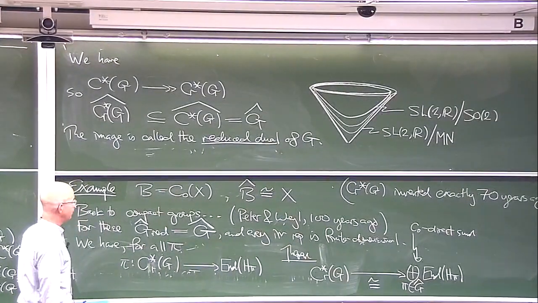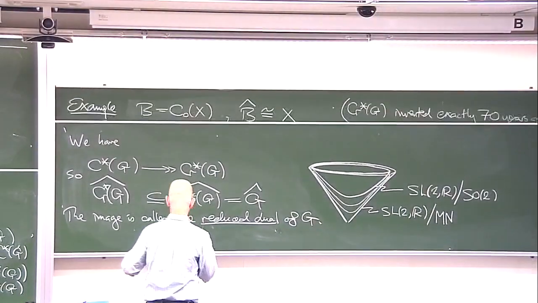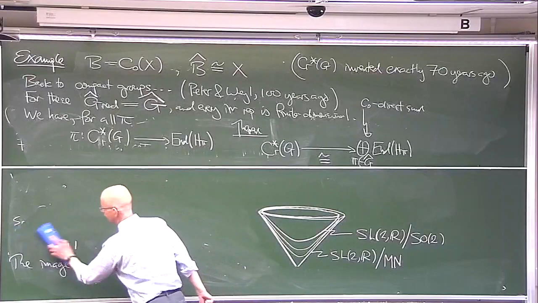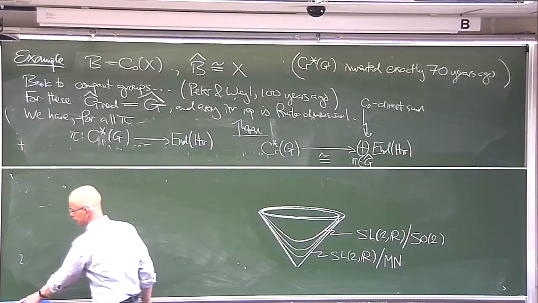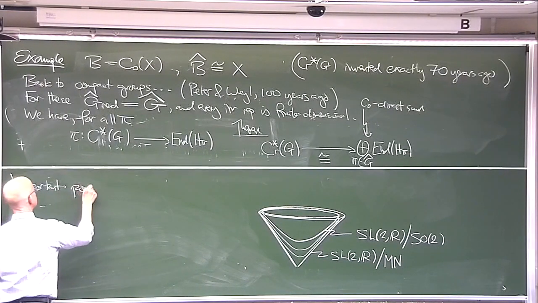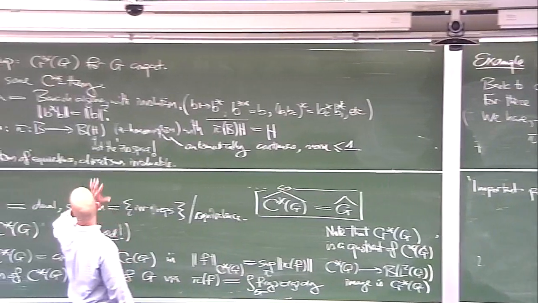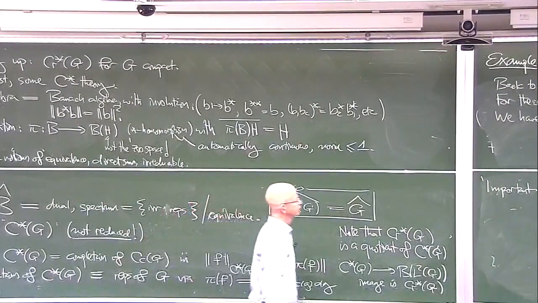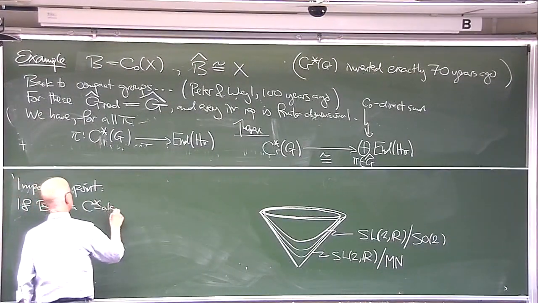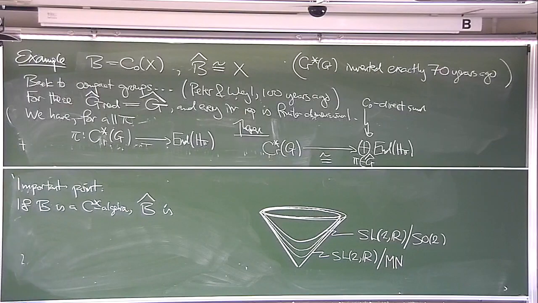Let's say one more thing. There's an important point which I forgot to mention back here, which is that if B is a C-star algebra, then its spectrum is not just a set, it always carries a natural topology.